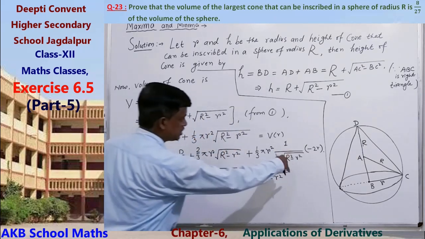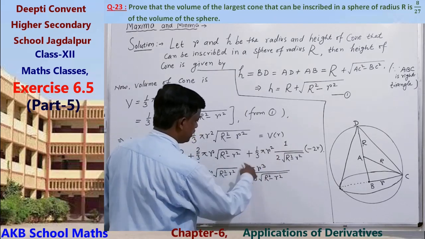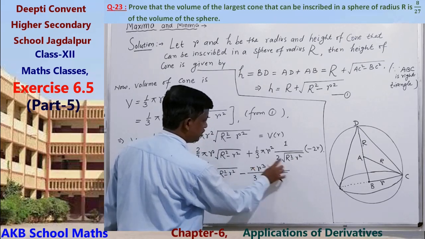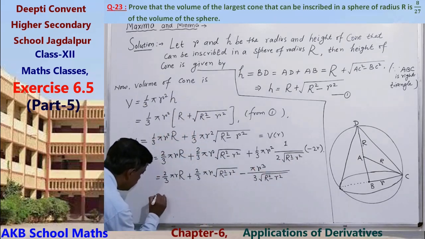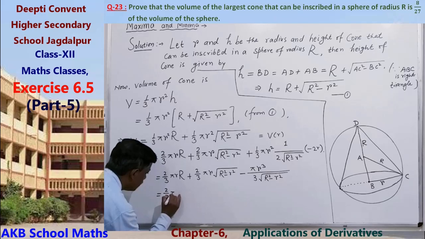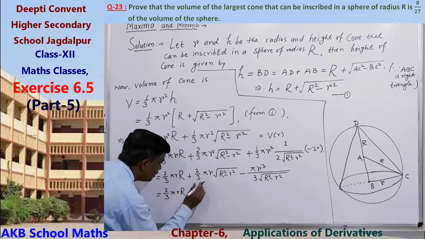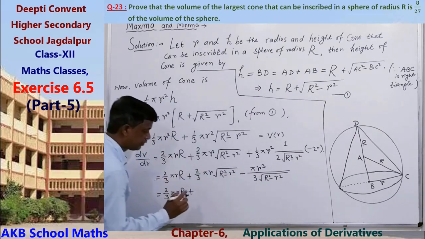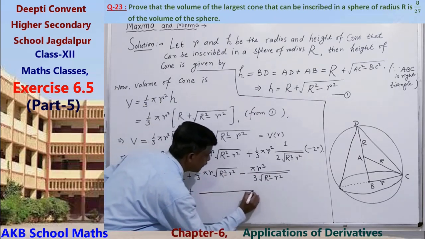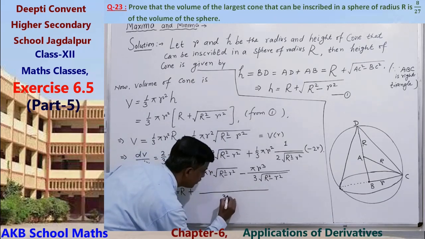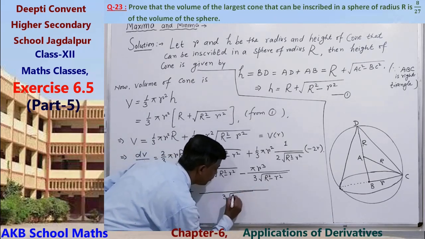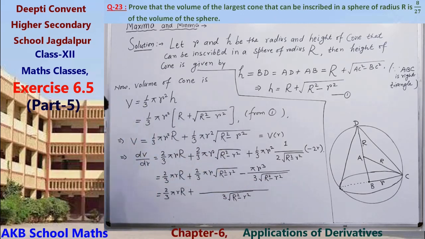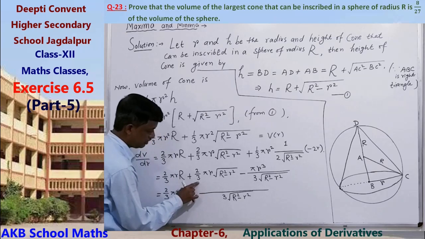Now 2 by 3 pi r plus, here taking LCM, 3 root of R square minus r square. Here 3, here 3.